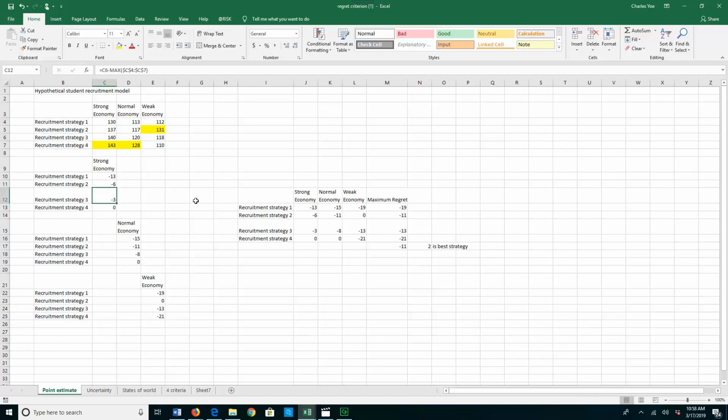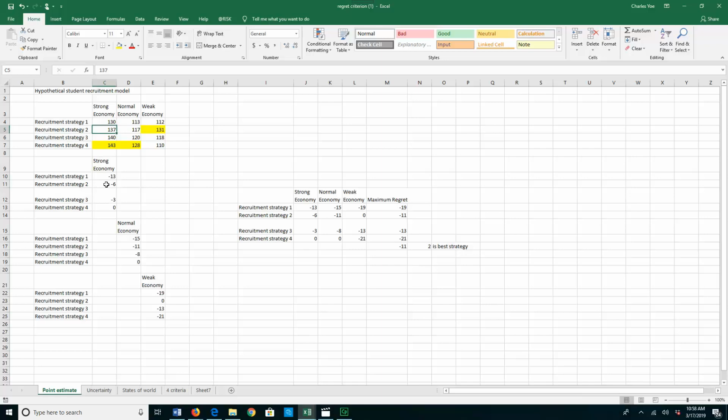If we choose strategy 3 and a strong economy results, we would have 140 students instead of 143. So if I take 140 minus 143, I get the -3, and that's our regret. We would regret the loss of 3 students. With strategy 2, we get 137 students.